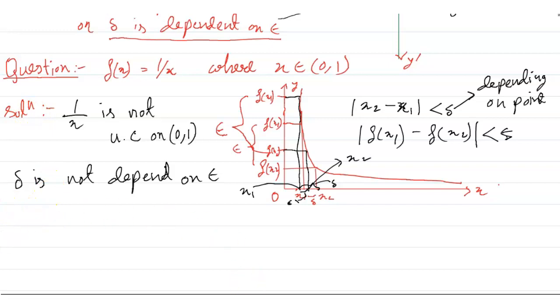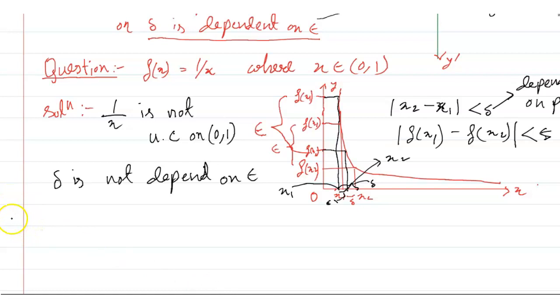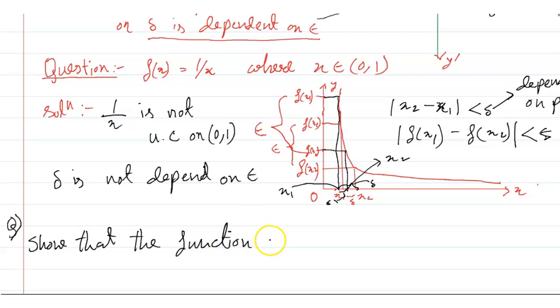Show that the function f(x) = root x, where x belongs to [0, 1], is uniformly continuous.